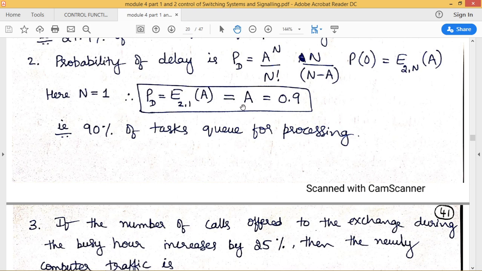That is known for us, it is 0.9. So it implies that when only one processor is working and the other one is out of service, about 90% of tasks are moving into the queue for processing.